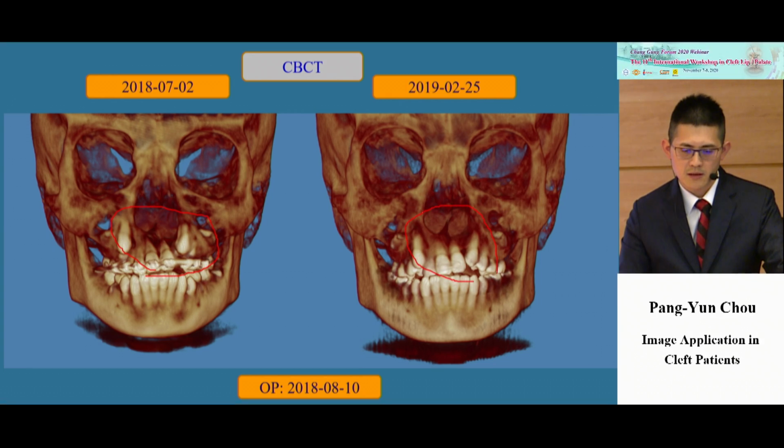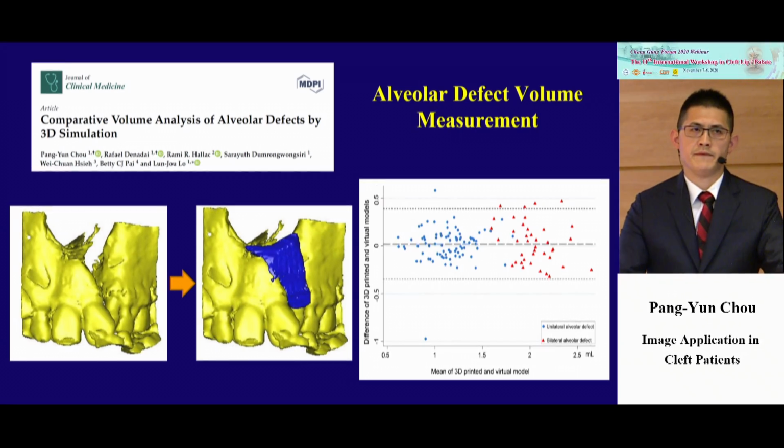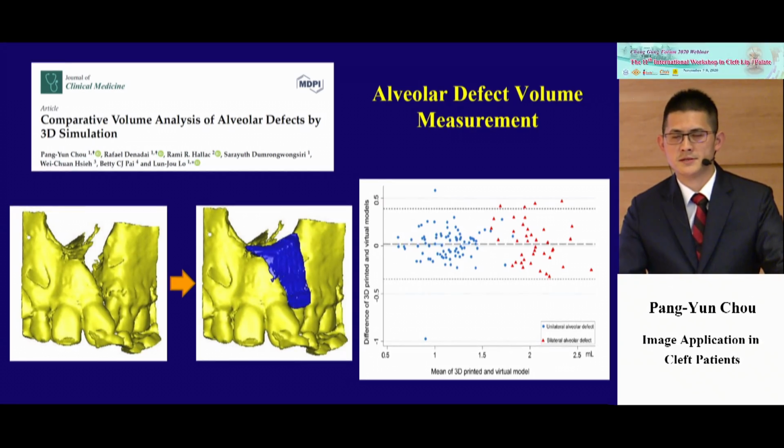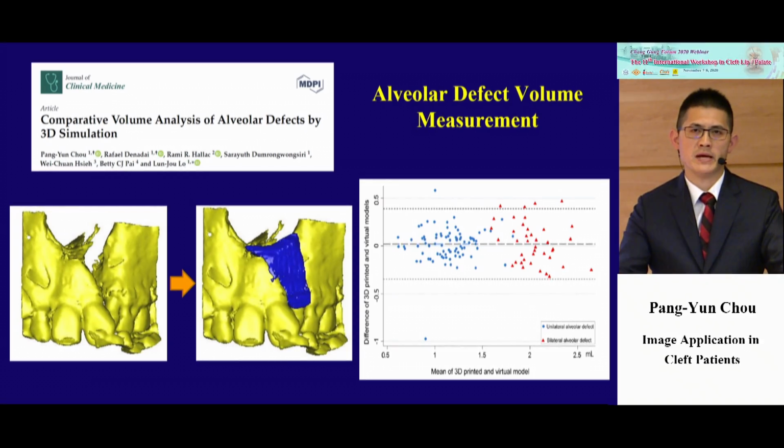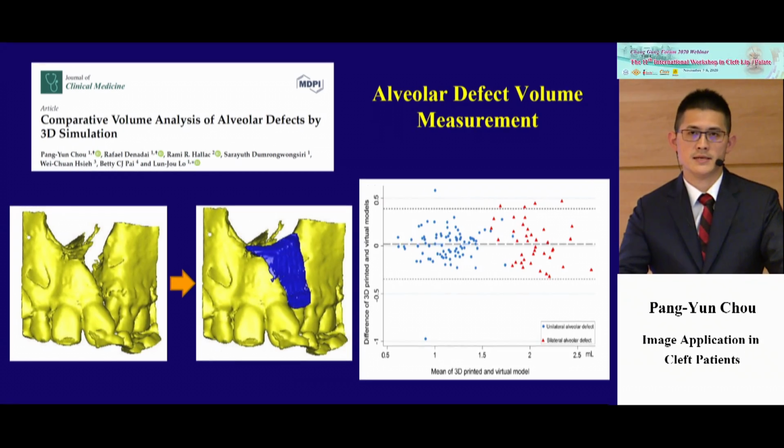After the surgery, all the boundaries of the original alveolar defect are fully formed with good bone density and quality. One audience member has a question in the alveolar section: what is the adequate volume we need to augment in unilateral or bilateral cleft patients? We have conducted one RCT, a prospective study.